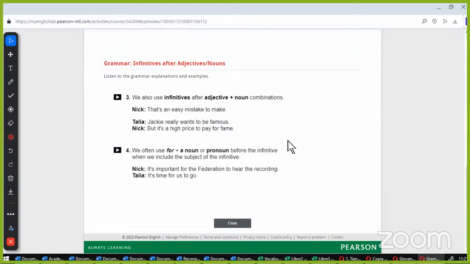We also use infinitives after adjective plus noun combinations. Nick, that's an easy mistake to make. Talia, Jackie really wants to be famous. Nick, but it's a high price to pay for fame. We often use for plus a noun or pronoun before the infinitive when we include the subject of the infinitive.